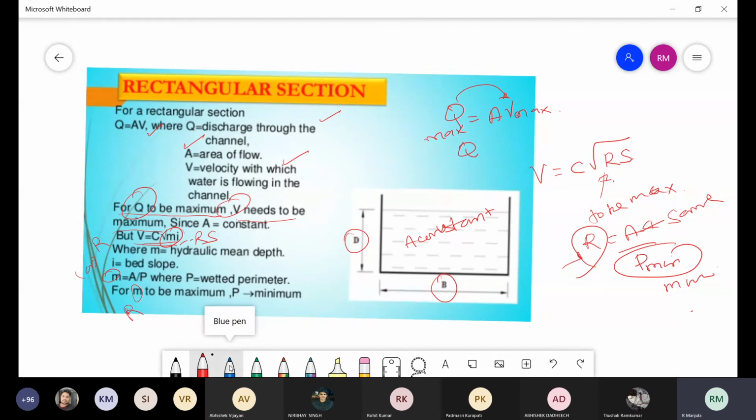R is maximum when P tends to minimum. Is it clear?